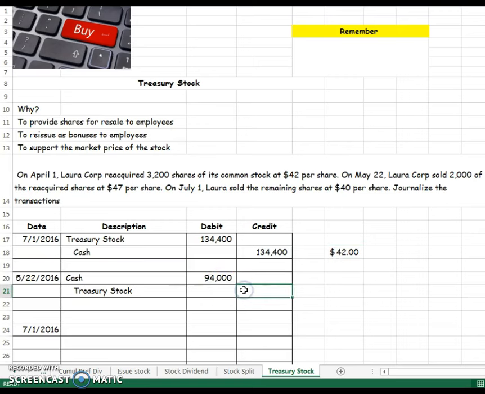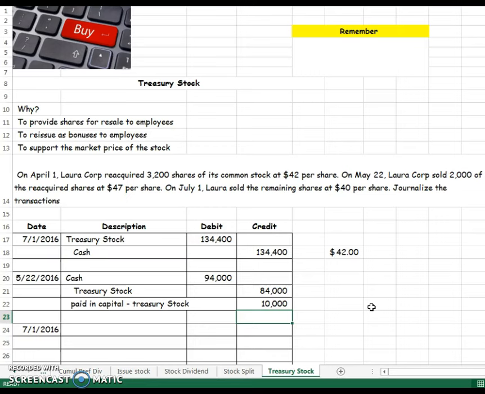So when we go to resell it, we can only put it down at 2,000 shares times the $42. Where does the rest go? Well, we have an account called Paid in Capital Treasury Stock, and that's where the rest will go. So the rest would be $10,000, which is just the amount that we received over the original price that we paid for that treasury stock.